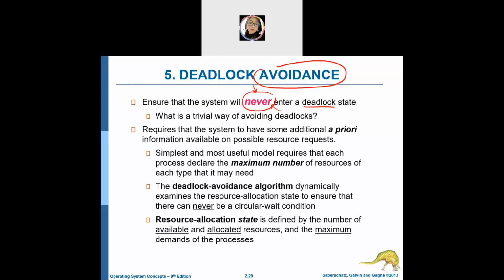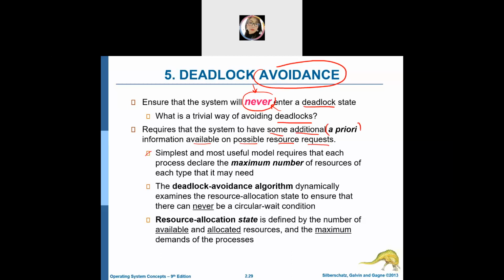So what is the way to avoid it? Require the system to have some additional a priori information available on possible resource requests. This might help you to avoid deadlock.